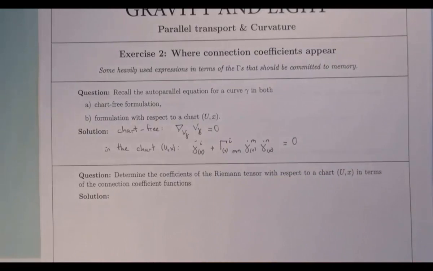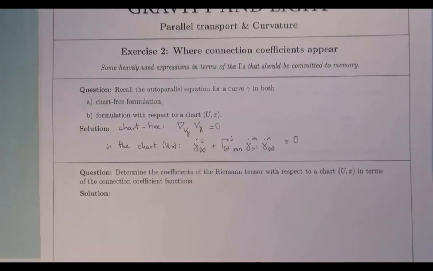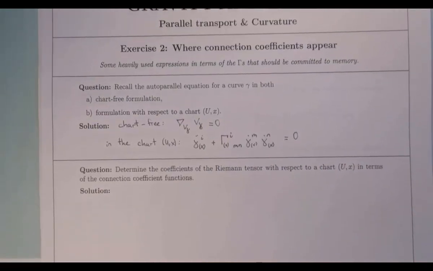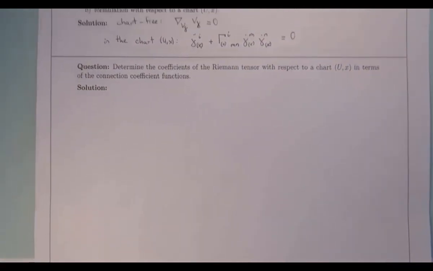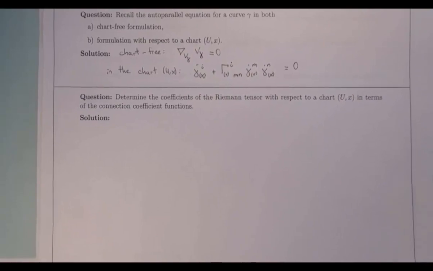So this is the autoparallel equation for a curve gamma. Both should be memorized.